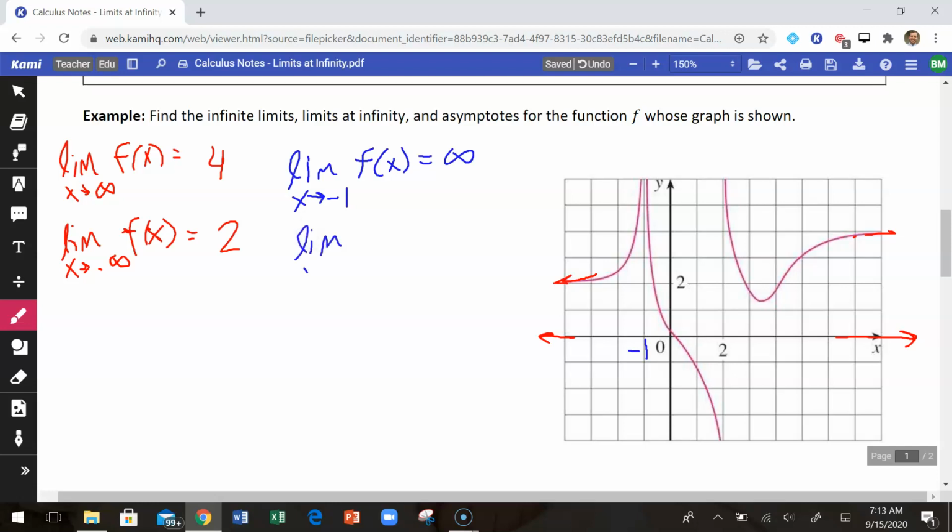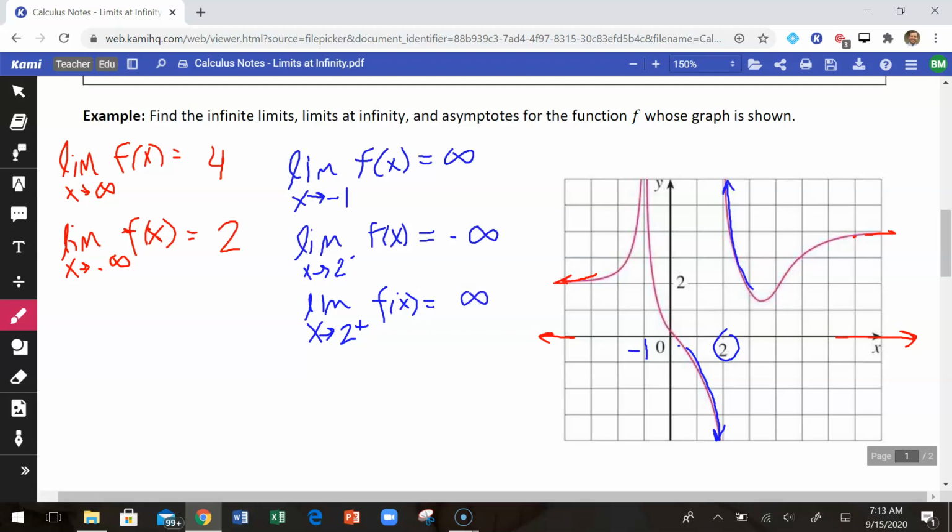Also, if we approach 2 from the left, so here's 2, as I approach 2 from the left, the y values are going towards negative infinity. And if we approach 2 from the right, then the y values are going towards positive infinity. So those are our infinite limits. Infinite limits mean that the answer is infinity. At what x values does that happen? The limits at infinity are saying as your x's go towards positive or negative infinity, where are your y values leveling off?